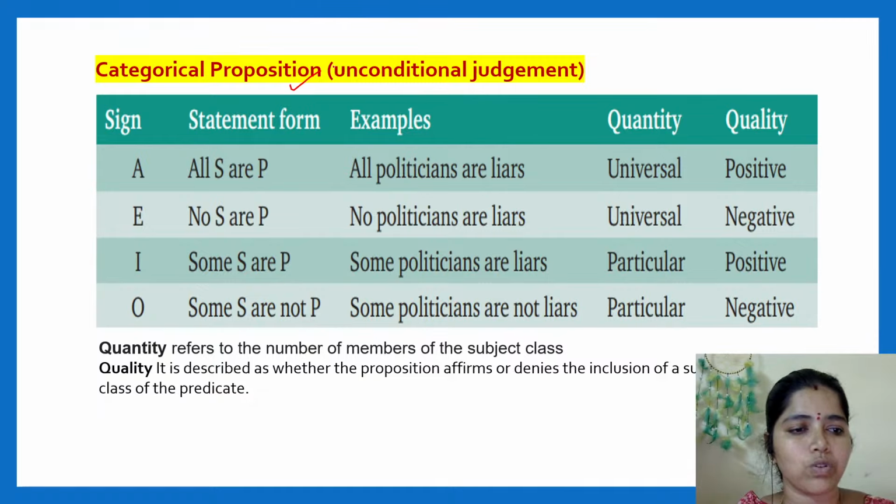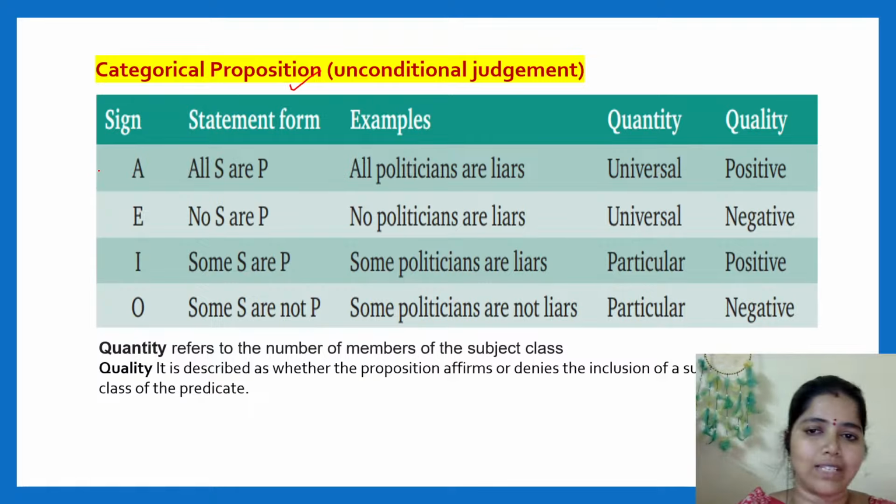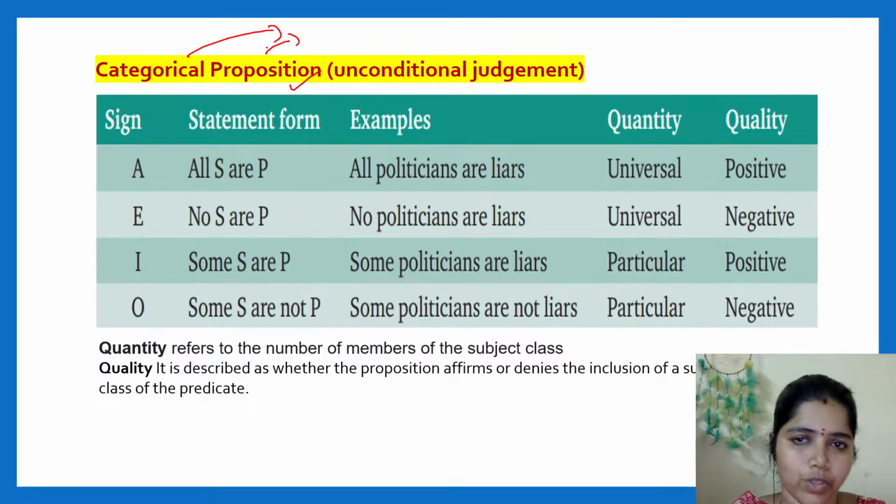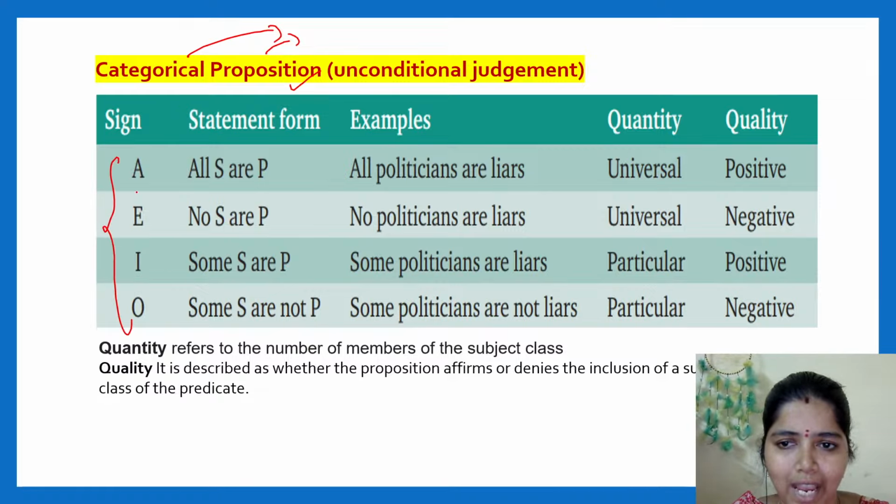We are supposed to note down this block. I have said what a proposition is and what a categorical proposition is. Now we will see how to identify categorical propositions. These are the types of proposition: A type, E type, I type, O type.